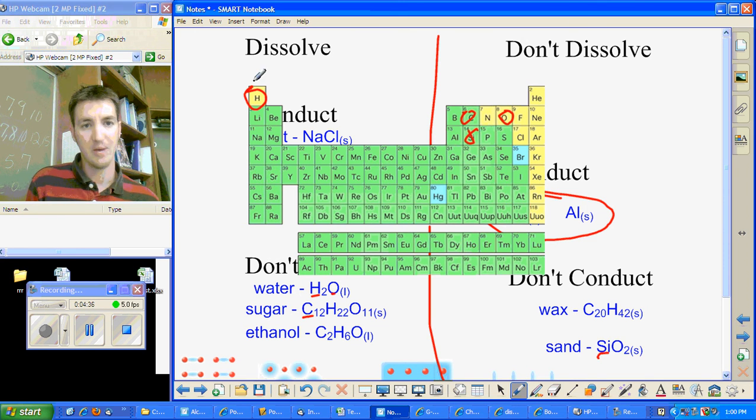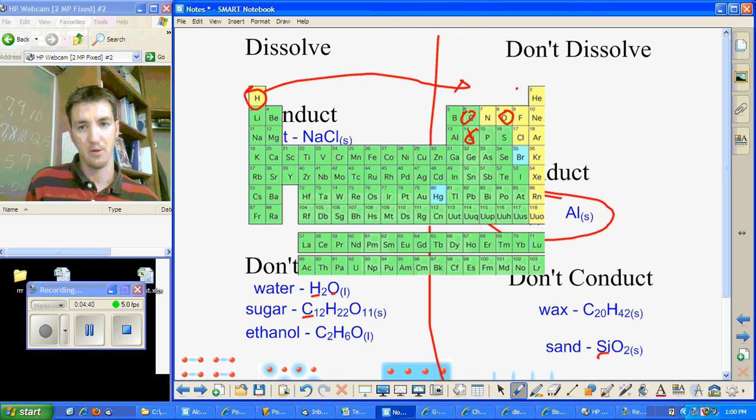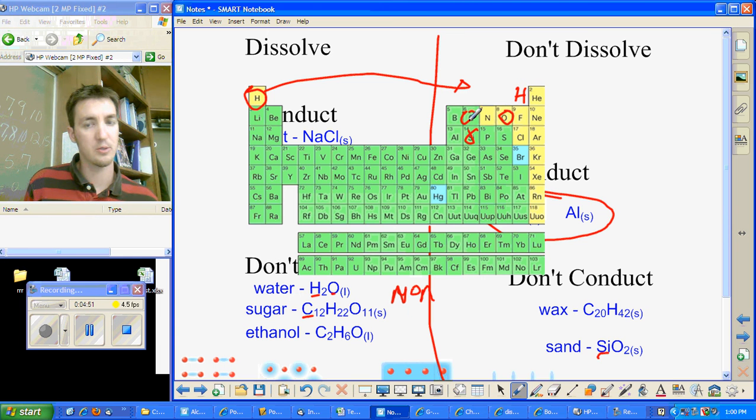Hydrogen, even though it lives over here, acts like it lives over here. It is a non-metal. So that's what a lot of these have in common, they are non-metals. Silicon's a metalloid, so it has some qualities of both. But overall, both of these are just non-metals fitting together.